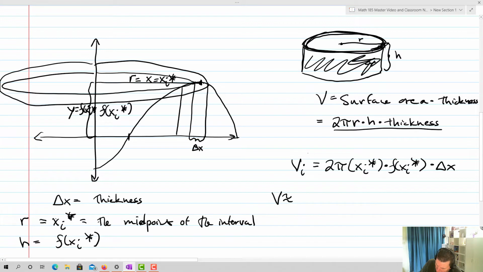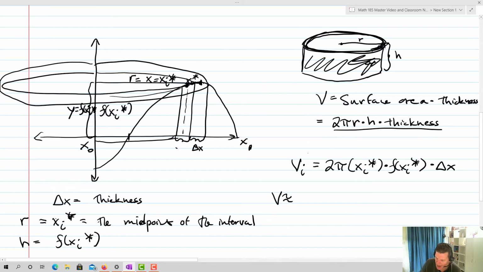We'll go over to the next interval, find its next x i star, and evaluate its thickness for that cylinder. We're going to do that all the way from x naught to x1.